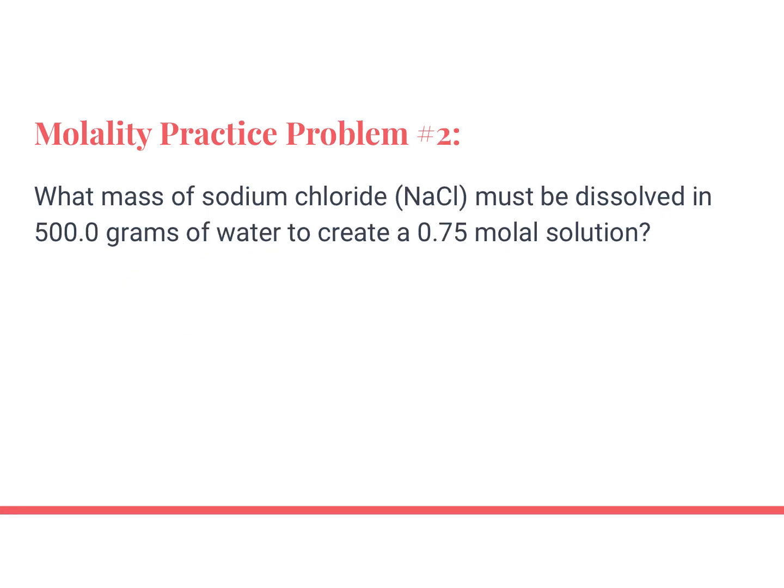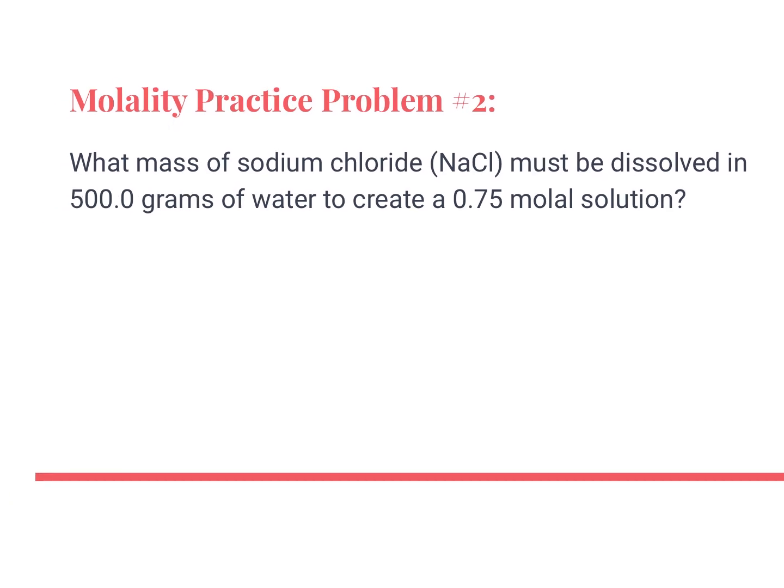This time we're going to figure out what mass of sodium chloride must be dissolved in 500 grams of water to create a 0.75 molal solution. Do you see how molal looks like molality?